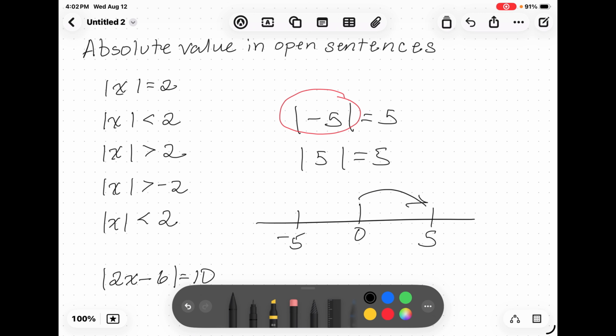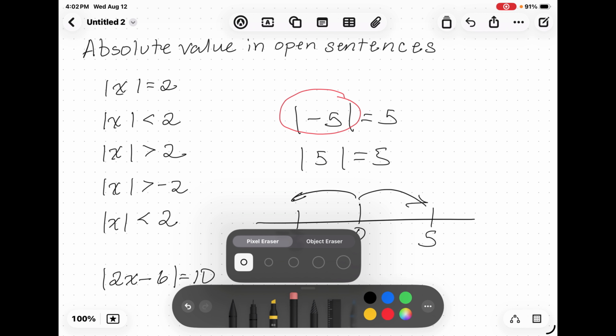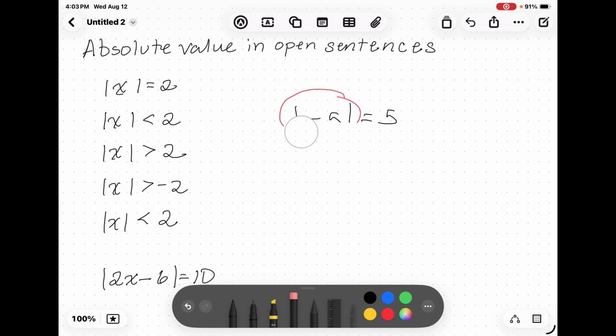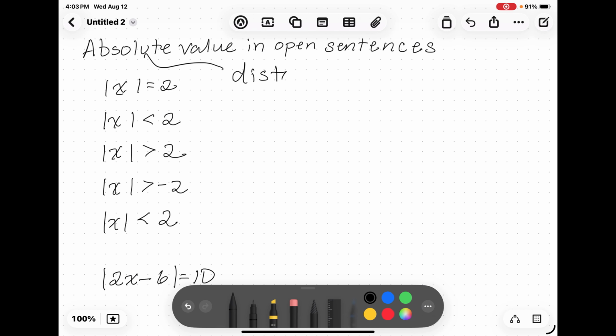This one's going to the right and this one's going to the left, but they're both the same distance. So a good starting point for absolute value is to think about absolute value as distance. I might not be able to get into too much detail in this video, but it's something to keep in your mind, that absolute value is about distance.